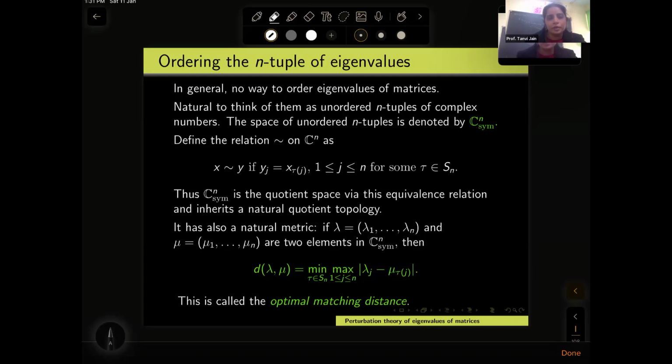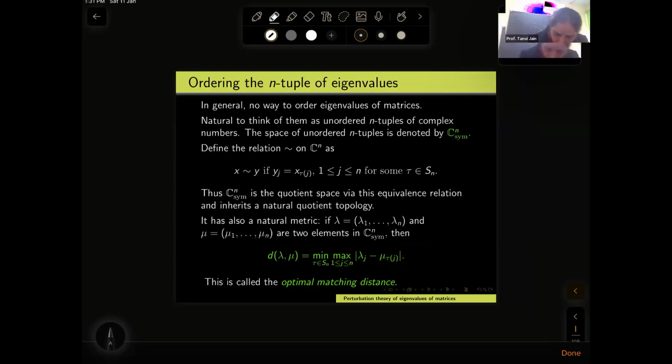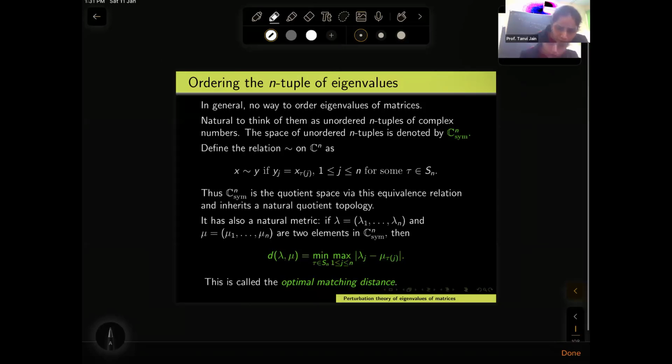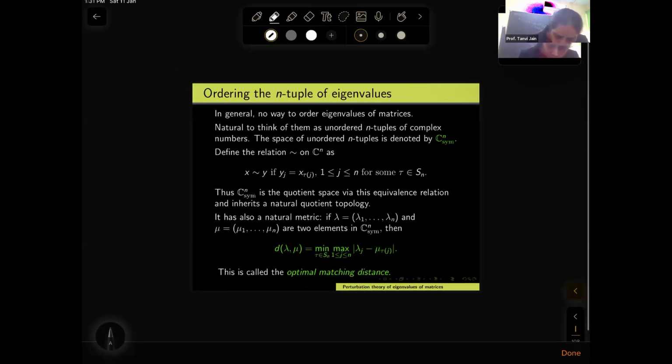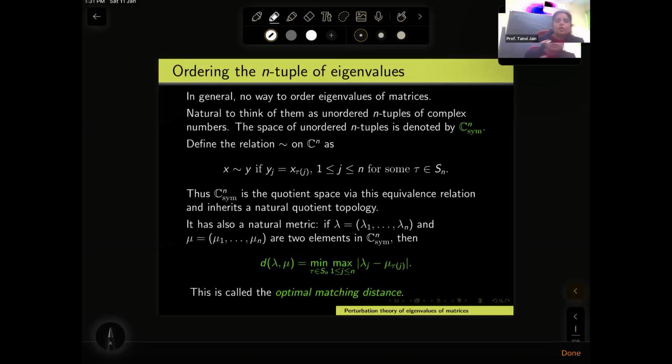If I have unordered tuples, for example 1, 2, 3, then 1, 2, 3 is the same as 3, 2, 1, which is the same as 1, 3, 2.